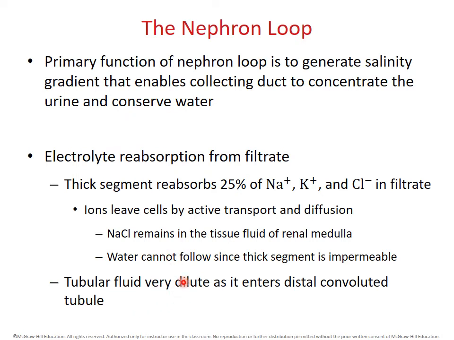As we'll see when we get to the thin segment, which is near the bottom of the loop and the early part of the ascending limb, that part is permeable to water, and so we're going to have lots of water movement at the very tip of the loop of Henle through the thin segment. But for reasons we'll see, that water down there is not going to disrupt the salinity of the medullary tissue because it's going to be very quickly drawn up into the bloodstream. But more on that to come later.